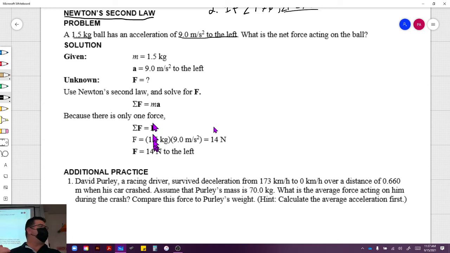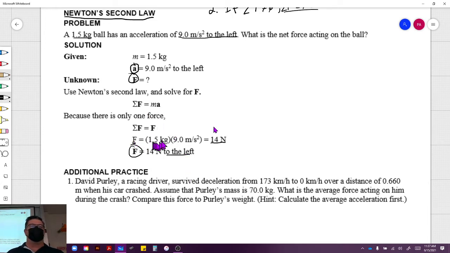Have you recognized that when we have bold letters, those are vectors, and when they're not bold, they're not vectors? Right here, that's not bold. It's just talking about the magnitude in that case. That's just doing the math of it. But then it comes back to bold because we add the to the left.